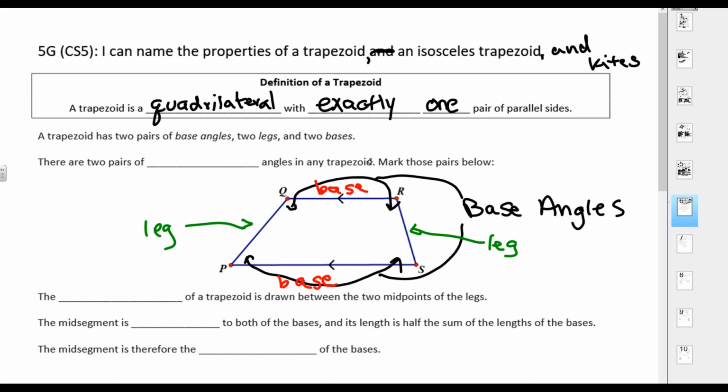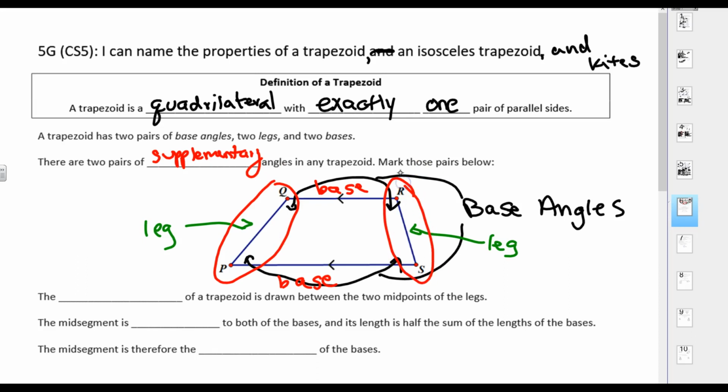There are two pairs of supplementary angles. And those angles are actually located right here and right here.